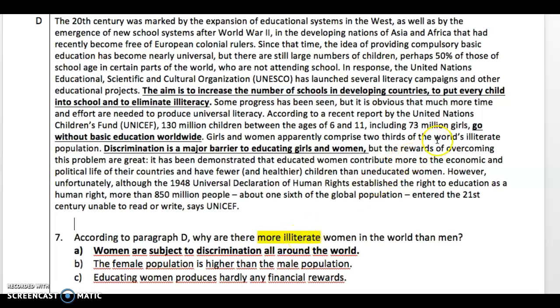So if you look at here, it gives the number, and that many girls go without basic education, which means they are illiterate. And you can also find it here, the information about this. Then the reason is given. Discrimination is a major barrier to this. Therefore, A is the answer.